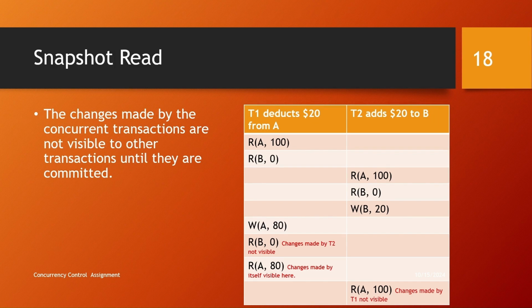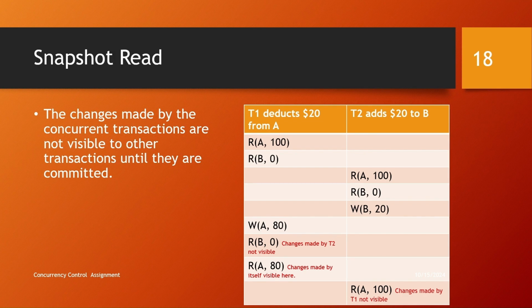Then we look at the snapshot read. The changes made by concurrent transactions are not visible to other transactions until they are committed. Let's have a look at the example. Say we have two transactions: T1 deducts $20 from A and T2 adds $20 to B. When T1 first reads the balances A and B, which are 100 and 0 respectively, T2 also reads.